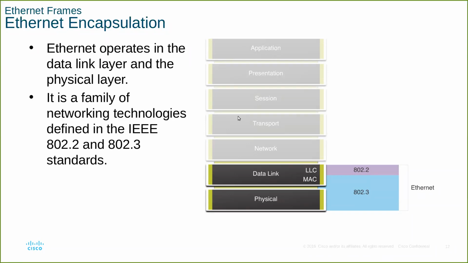Before this OSI model, some of the different vendor equipments would not be able to communicate. Like I was trying to give an example, you may have a Dell computer, okay? You go and buy an HP processor or HP network interface card and they will not be able to work together.